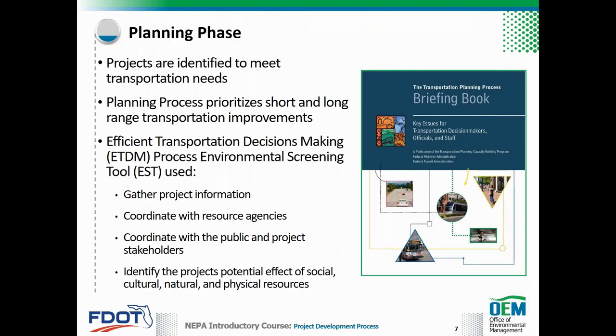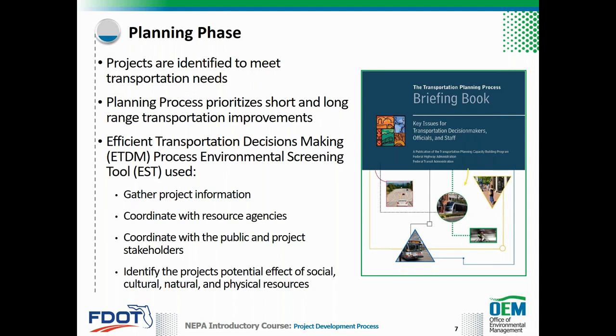The project begins with the identification of a transportation need or deficiencies through a planning process that prioritizes short and long-range transportation improvements. For qualifying projects, FDOT uses the ETDM screening tool, or EST, to gather project information from regulatory agencies, public and other project stakeholders about projects' potential effects on social, cultural, natural, and physical resources.